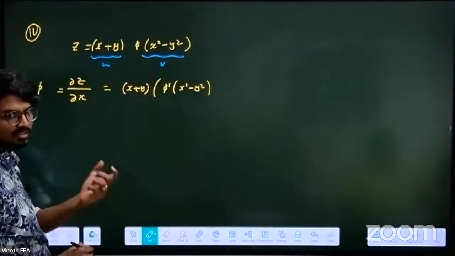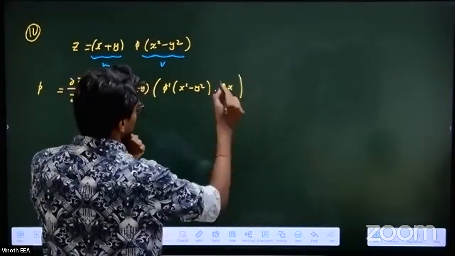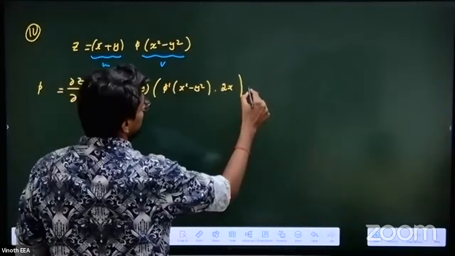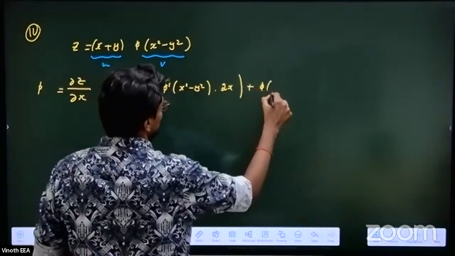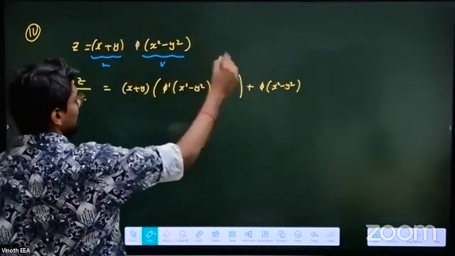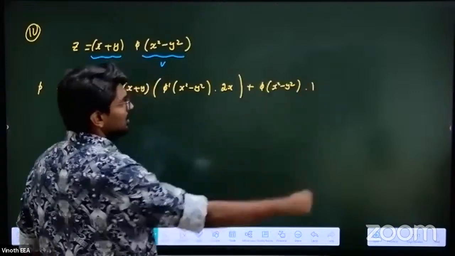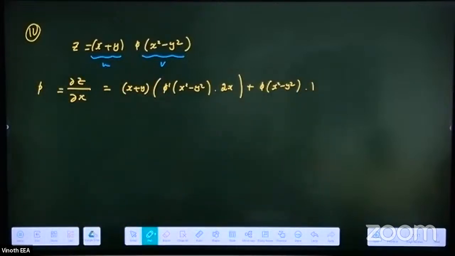Inside term's differentiation is 2x. Next, keeping v as constant, that is pi of x square minus y square, differentiating x plus y with x gives 1. Partially, x plus y differentiation is 1. Okay, this is one equation.